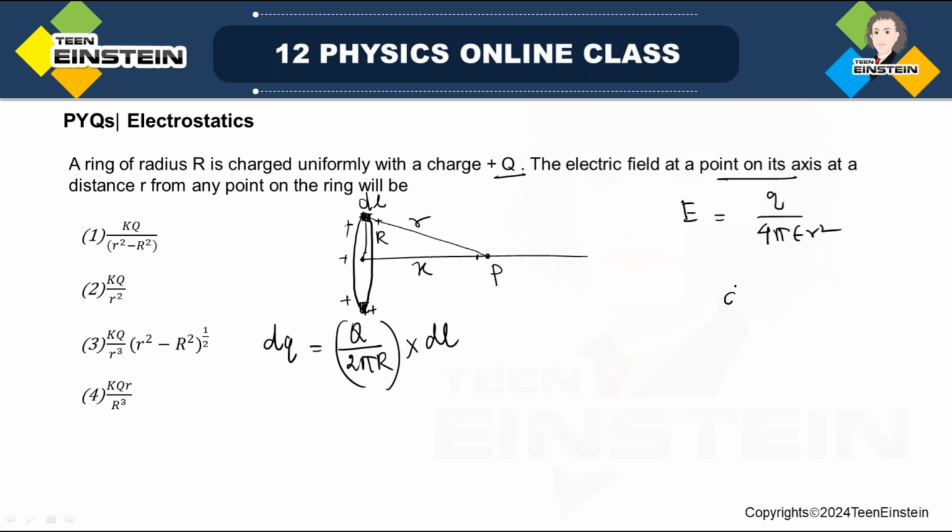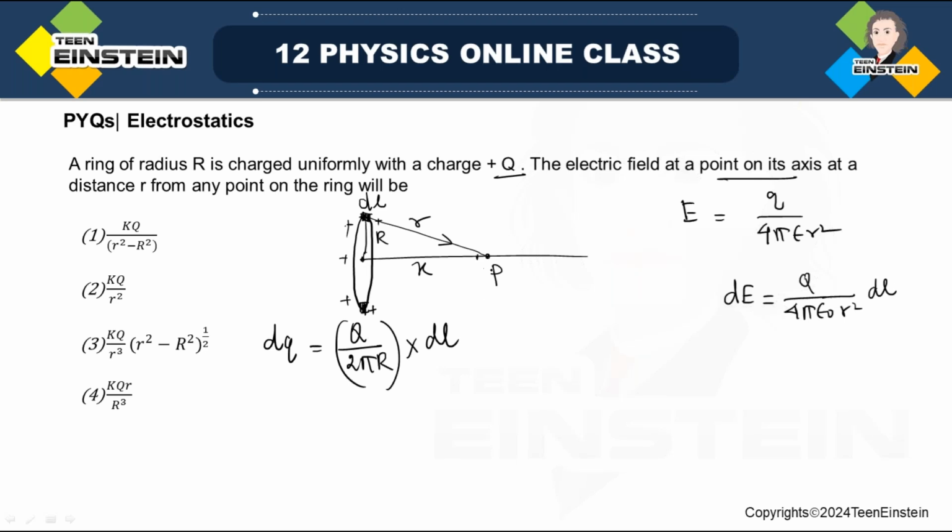So I can write the electric field due to that particular element or segment at this particular position P, in fact towards it, will be Q by 4 pi epsilon naught R square into dl.